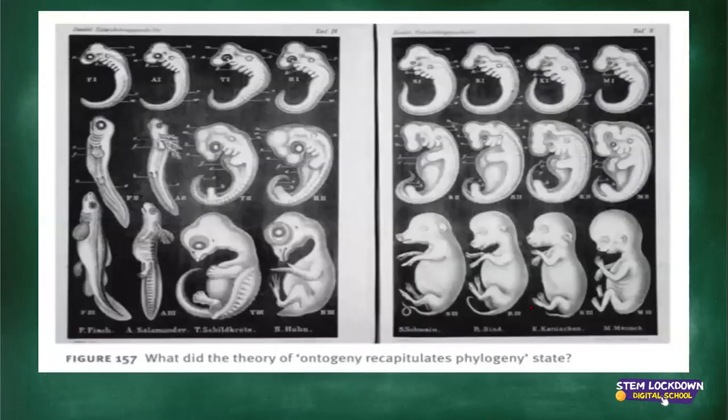And this, like I've just shown you, is the theory of ontogeny recapitulates phylogeny. Recapitulates just means repeats. So ontogeny repeats phylogeny. Really simple English to help you remember. Again, these are the embryos of the different species, and then you see the fish again.